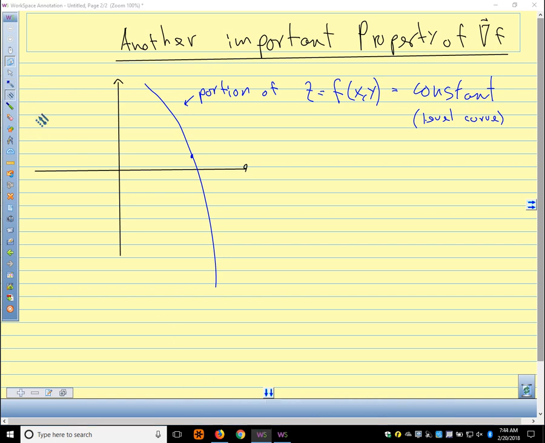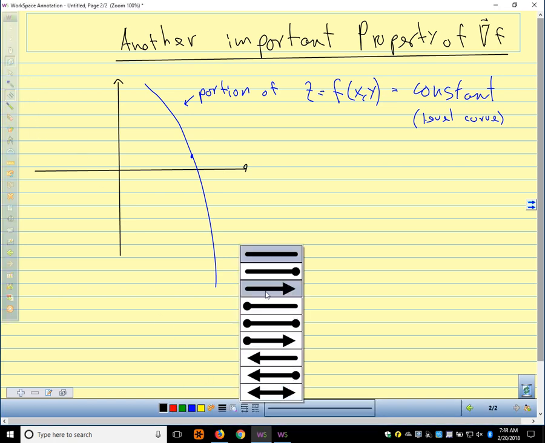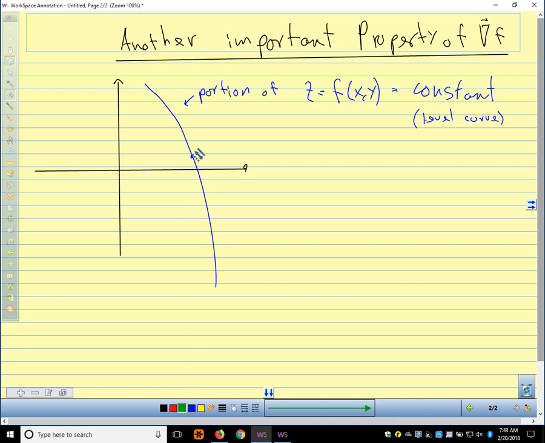Let me draw that in green. Let me do a little better unit tangent vector. There we go. I'm going to call that green vector u, and u is a unit tangent vector.